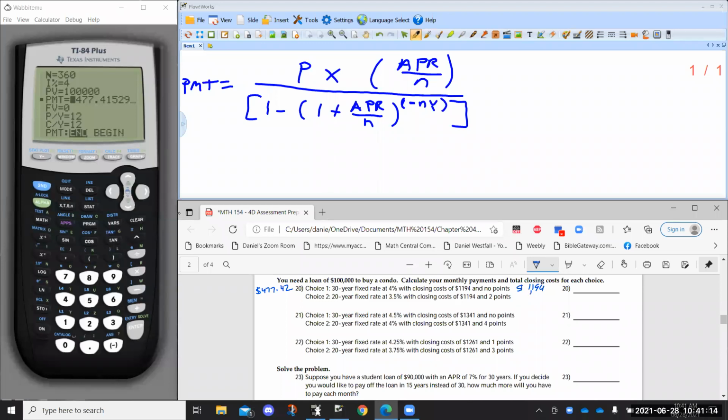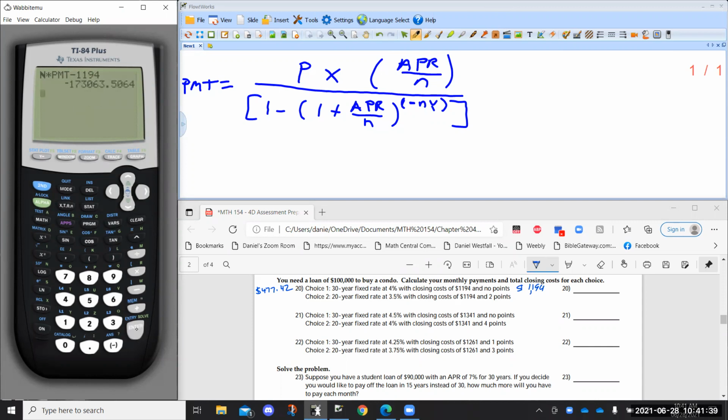So your total cost is going to be this plus, it's going to be minus because that's a negative, minus 1194.